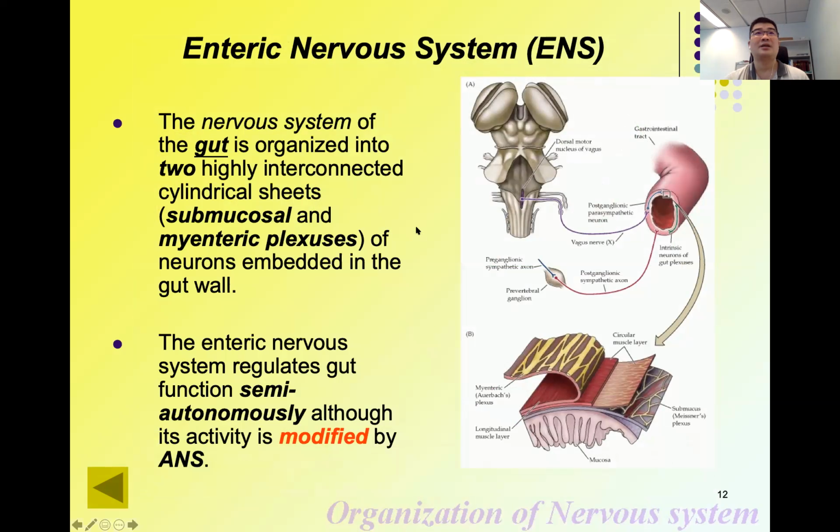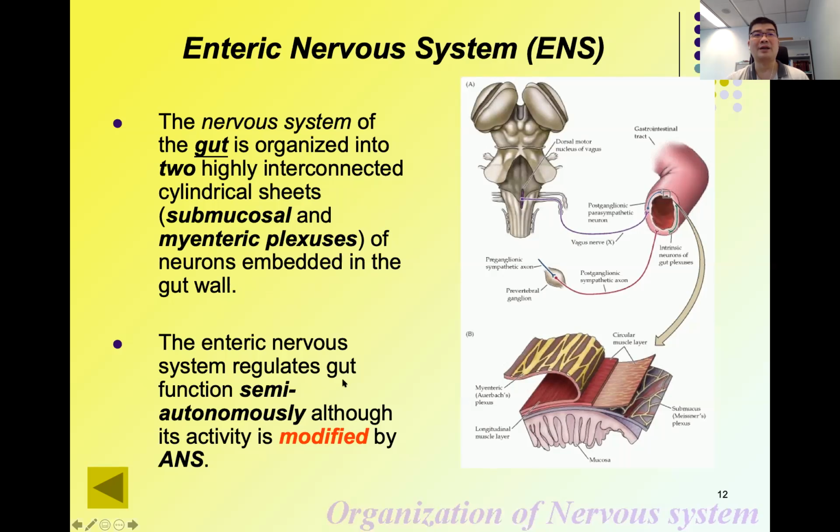Okay. So then we go to the enteric nervous system. The enteric nervous system, the nervous system of the gut, is organized into the so-called submucosal and myenteric plexus. Those are the neurons embedded into the gut.